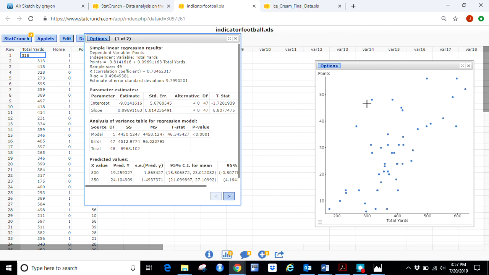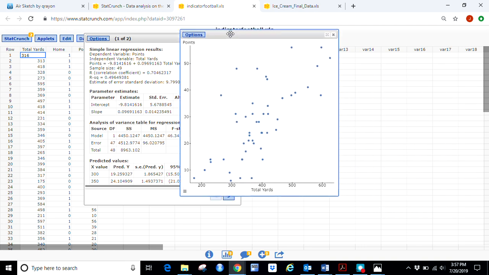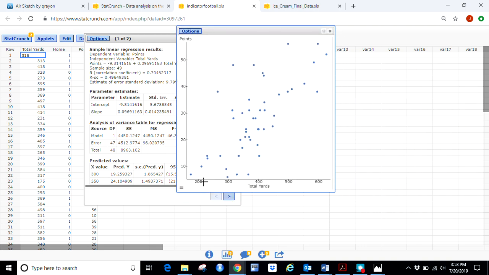But then let's look at our data here. I'm going to look at my scatter plot. Well, where is 800 total yards? Well, it's kind of way over here. I don't have any data there. So it really doesn't make sense to use this model to predict what's going to happen when I have no clue what's going to happen out here.